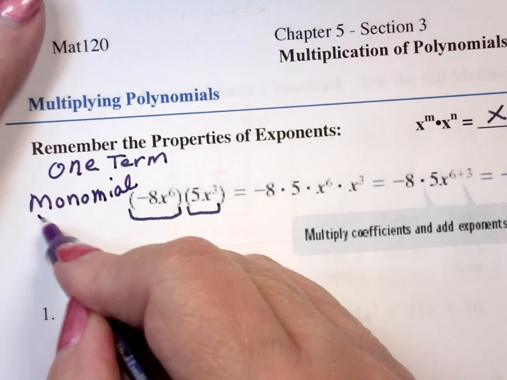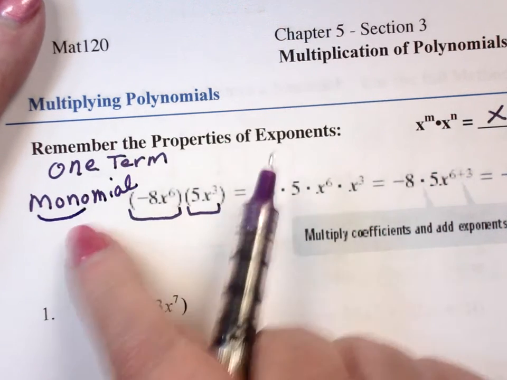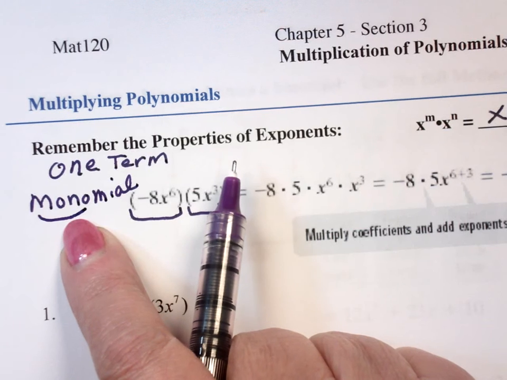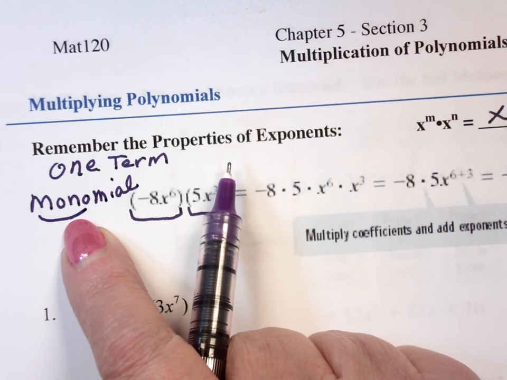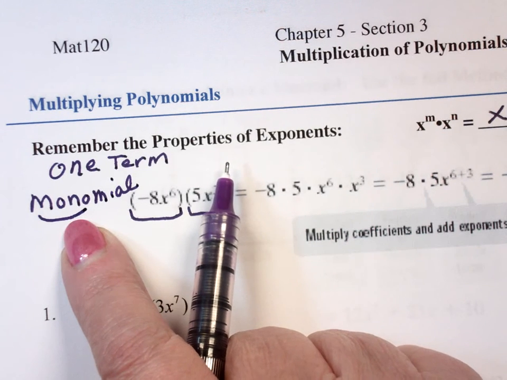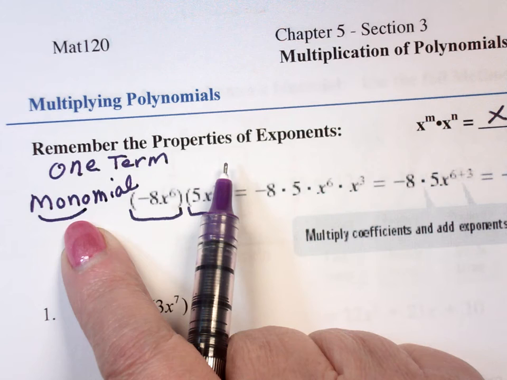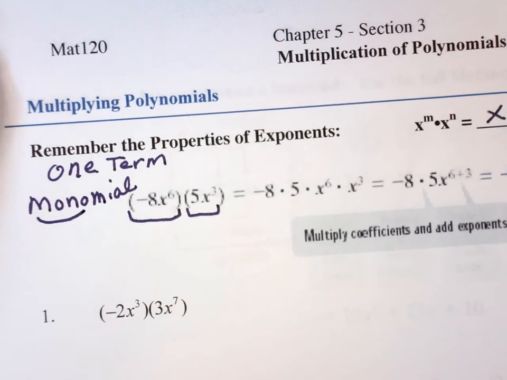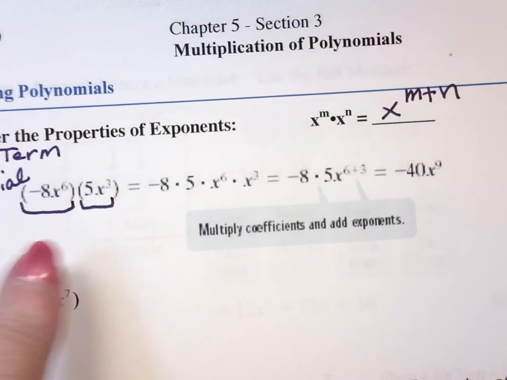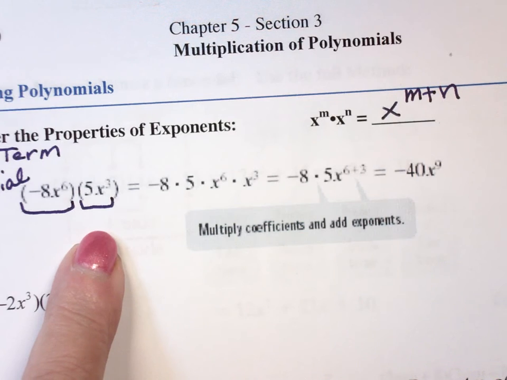Monomial. The prefix is mono. Mono means one, right? So it's going to be one term, monomial, one term. So I've got one term times one term.